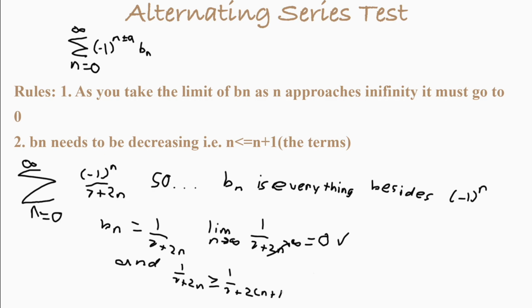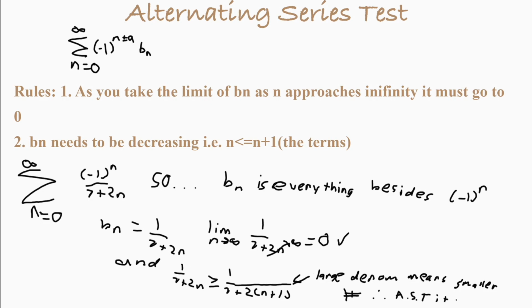As it turns out, as n increases, we see a decrease in the value because the denominator gets bigger, so the overall value gets smaller. So formally we can say, therefore, by the alternating series test, it converges.